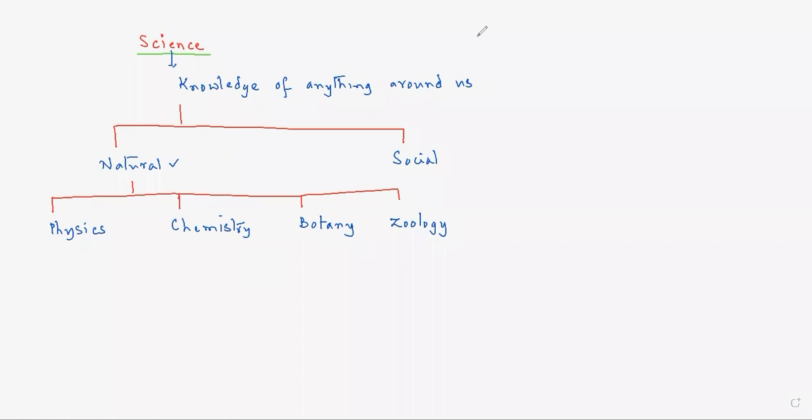And in social sciences, we have different varieties, like you all know, there is geography, there is history, then there is civics, there is economics.